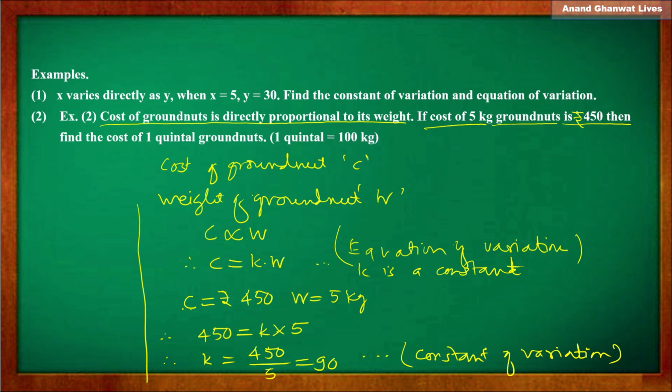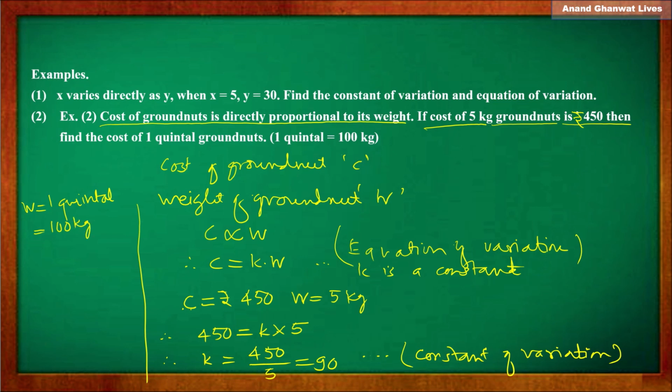With the value of K, let us find the cost of 1 quintal groundnut. So W, that is 1 quintal, is equal to 100 kilograms.